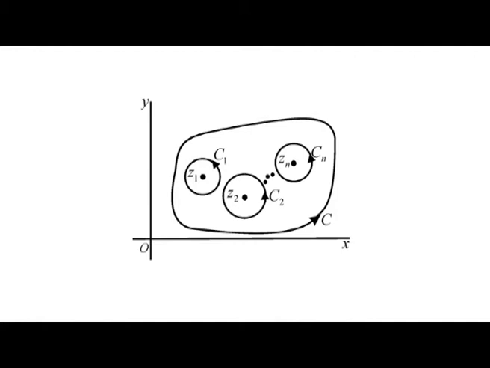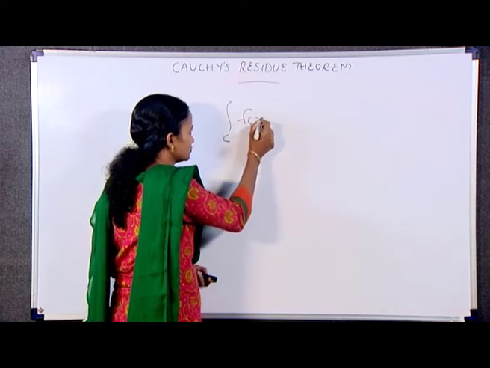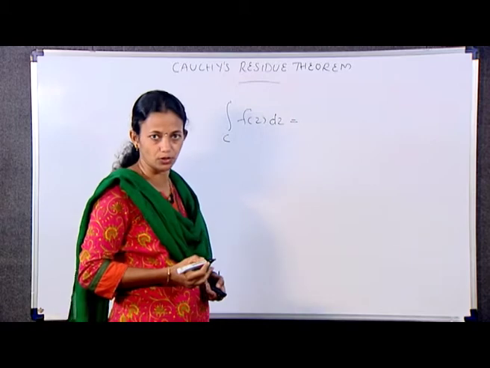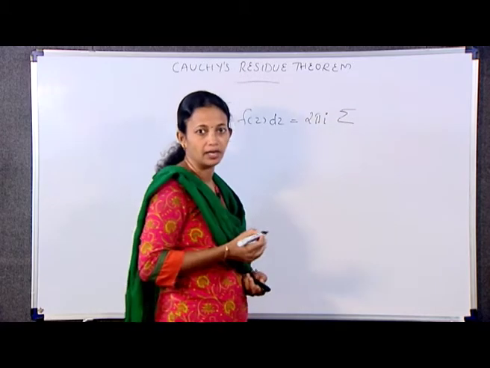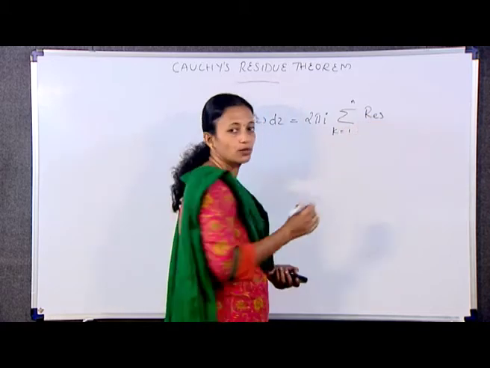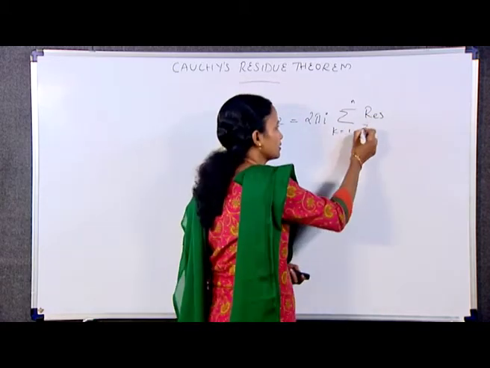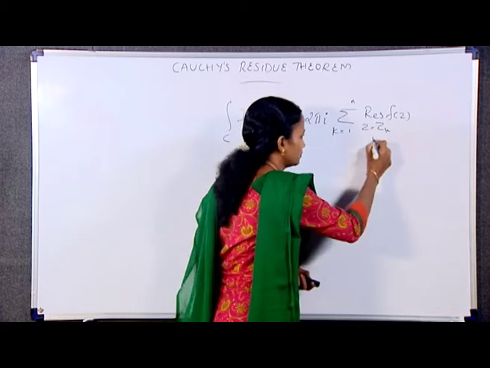If a function f is analytic inside and on C except for a finite number of singular points, they are z1, z2, etc., zn inside C. Then the integral over C of f(z) dz is equal to 2 pi i times the sum over k from 1 to n of the residue at z equal to zk of f(z). Equation number 1.